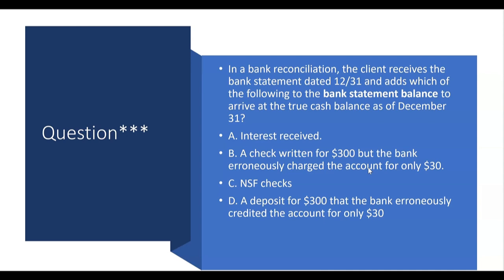No. We're going to have to subtract $270 more from the bank statement balance, because the bank's going to find out about this error one day, and when they do, they're going to reduce our bank account balance by $270. So that's what we have to do if we want the true cash balance, and we're starting with the bank statement balance. We're going to have to subtract $270, not add it, so B is wrong.